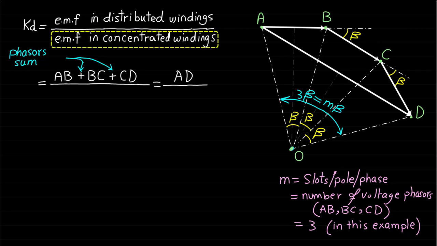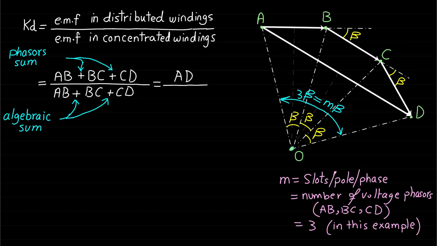However, the denominator of Kd, which represents the EMF induced in the concentrated windings, can be represented by the algebraic sum of the 3 phasors AB, BC, and CD. Therefore, the EMF induced in the concentrated windings can be represented by AB plus BC plus CD, which equals 3AB, where AB equals BC equals CD.